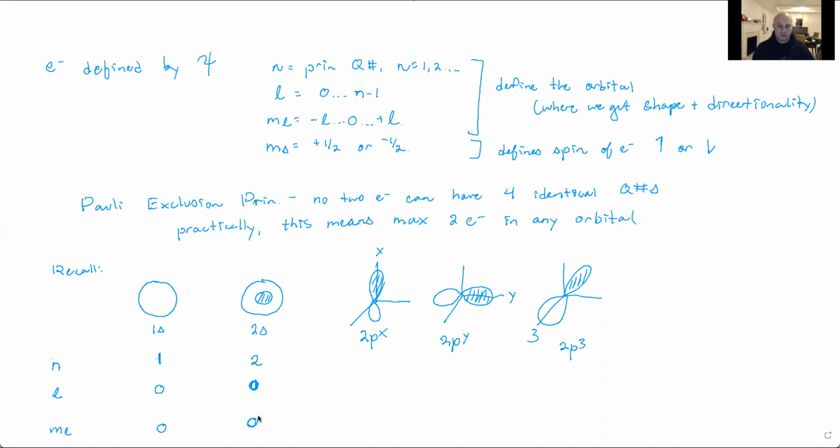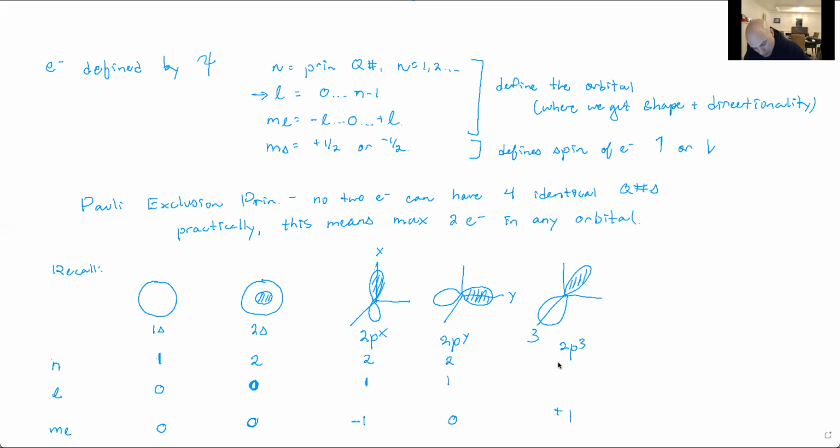Okay. But then looking up here, we know that L can go from 0 to n minus 1, and that's where the 2p orbital is derived from. So keeping n the same, but now letting L be n minus 1, I can then get 3 values for m sub L, right? And so this can be -1, 0, and then +1.